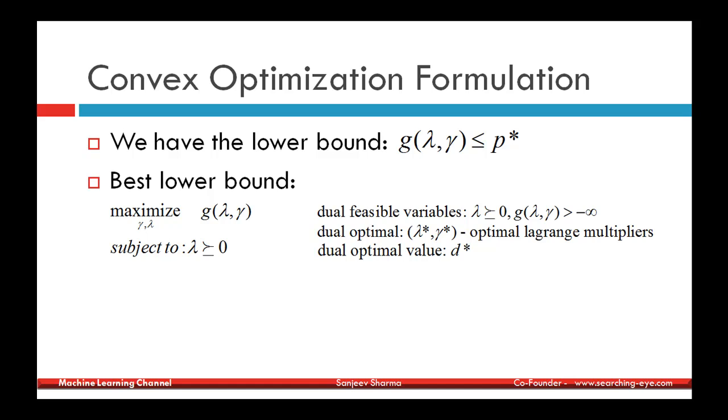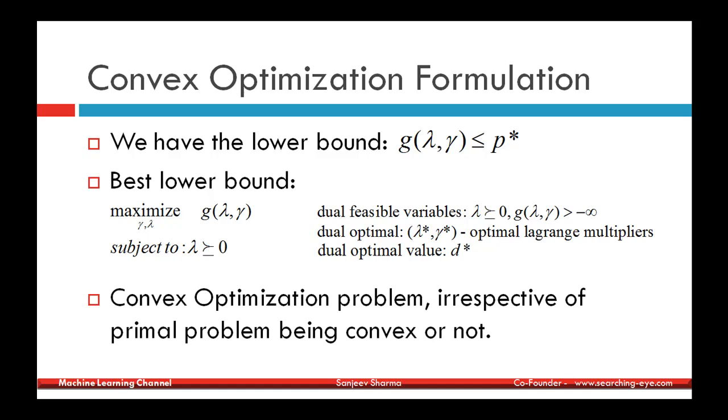If g is concave, then negative g is convex, and this problem is equivalent to minimizing a convex function subject to a convex constraint, that is, a linear constraint. Therefore, finding the lower bound, the dual problem, is always a convex optimization problem, irrespective of the primal problem being convex or not.